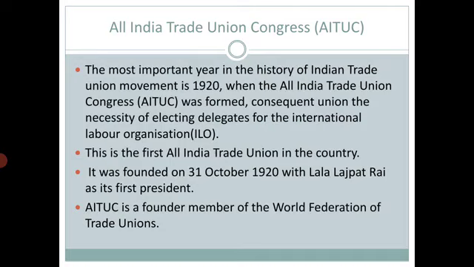Why? Because at that time, the All India Trade Union Congress, that is AITUC, was formed. Whenever we consider the history of the Indian trade union movement, this year, 1920, is very important. Why? Because in that year itself, the All India Trade Union Congress, which is commonly known as AITUC, was formed.